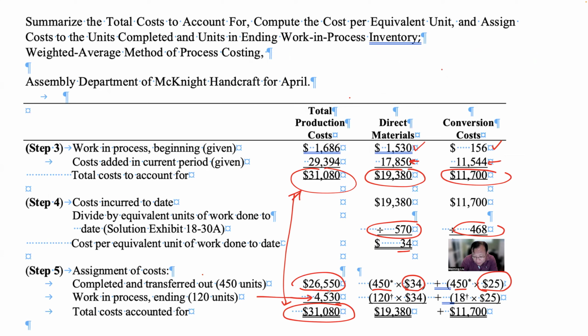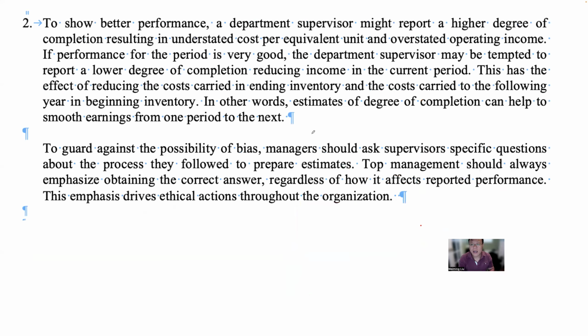So this number does not go to the income statement. This is a balance sheet item. This cost, completed and transferred out, might end up in the income statement, because some of the units will be sold and they will take the form of cost of goods sold in the income statement. So how can I overstate my operating income?